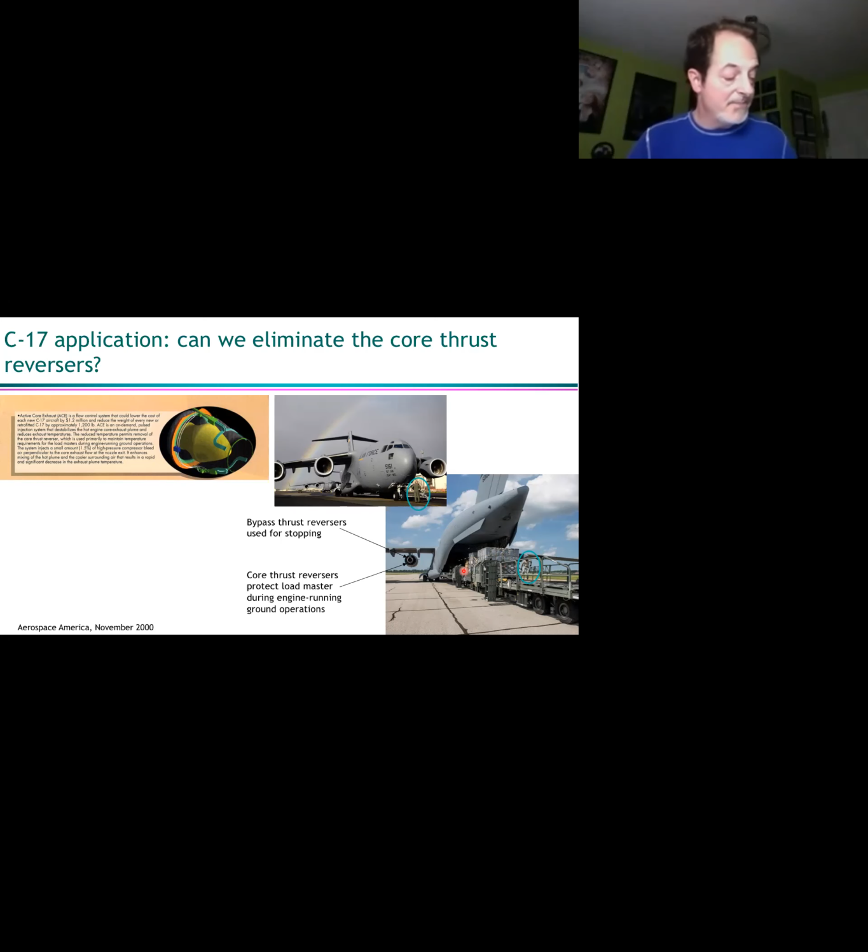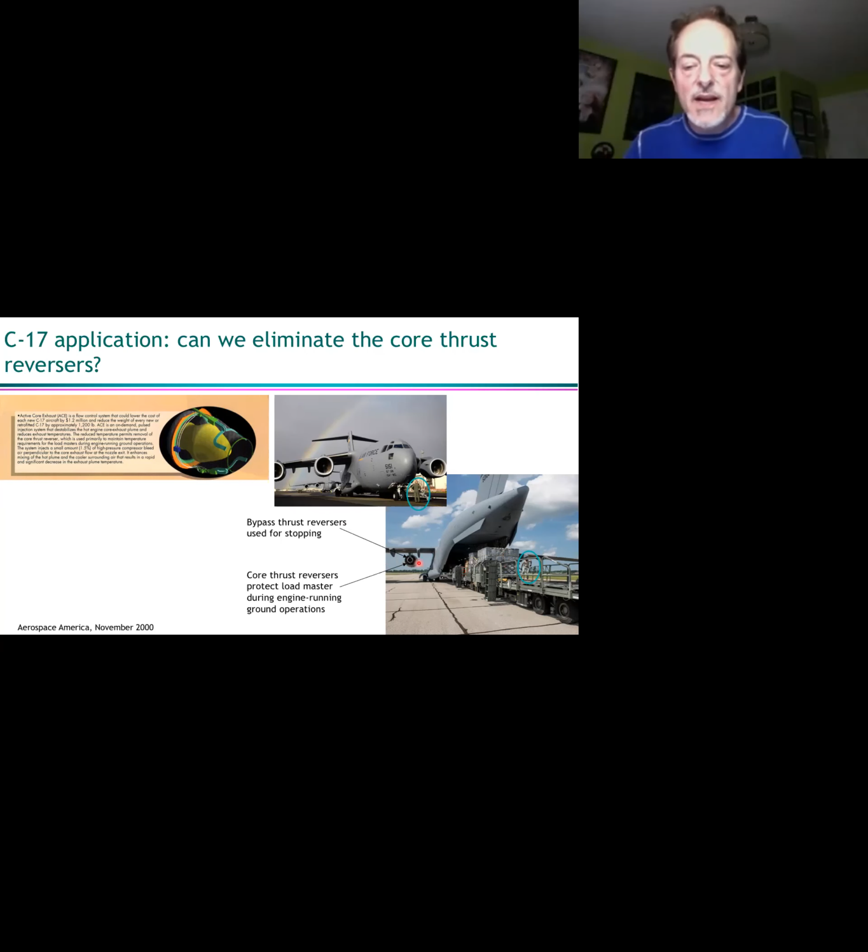Many airplanes have thrust reversers on the bypass flow or the fan flow. When you land in a plane, you see the things on the engines kind of flap out and then the engine runs real fast and you slow down, right? That's due to the thrust reversers.